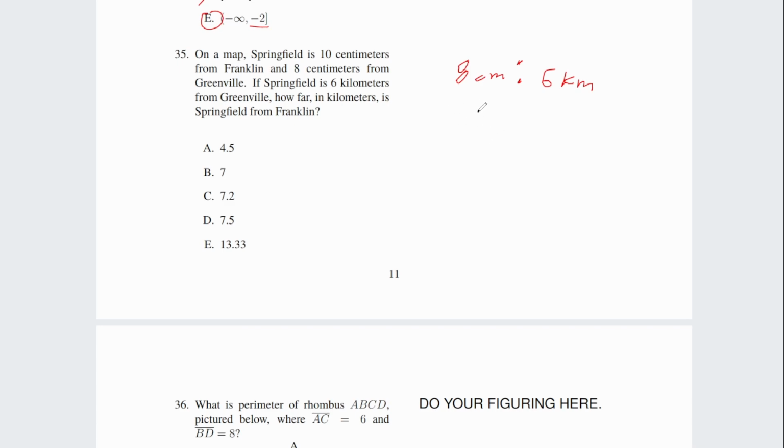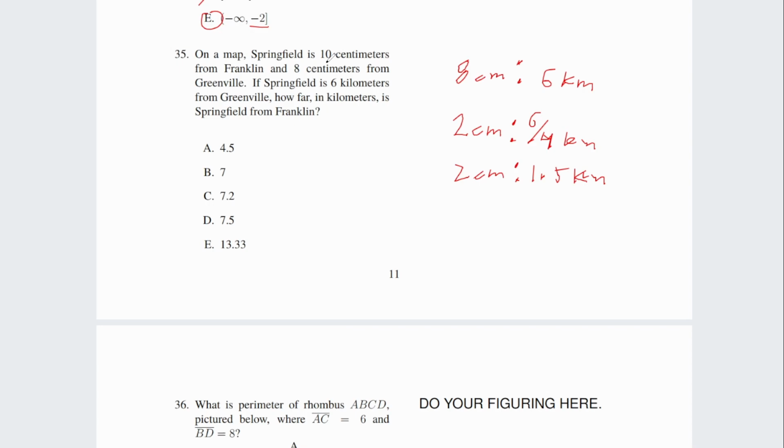Let's figure out the difference here. 8 centimeters on the map is 6 kilometers in real life, which means that 2 centimeters is going to be 6 over 4 kilometers, or 1.5 kilometers.